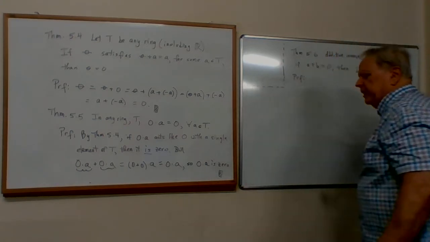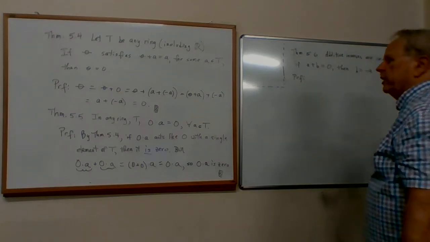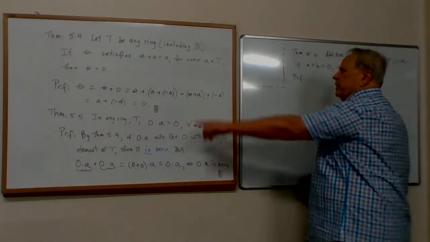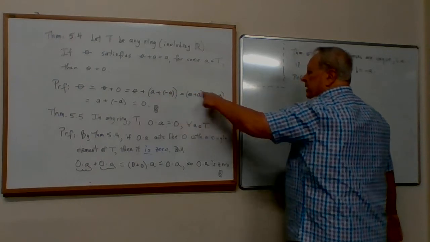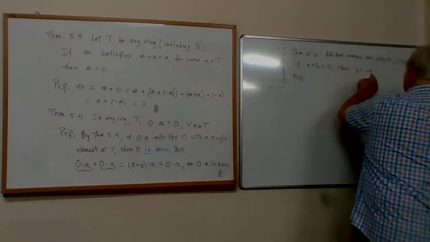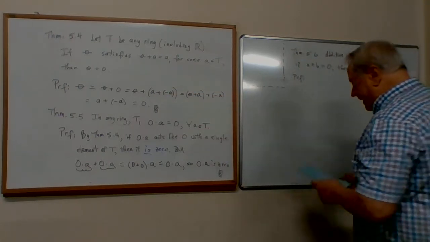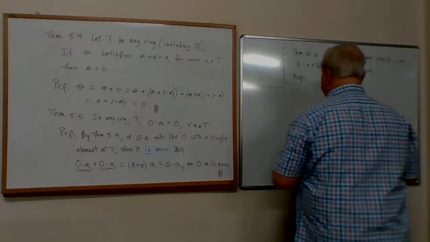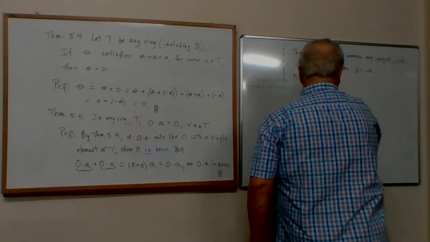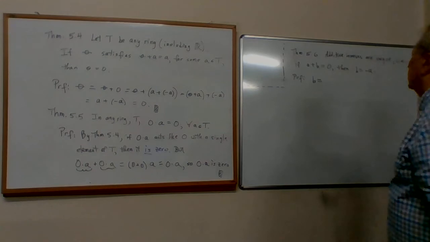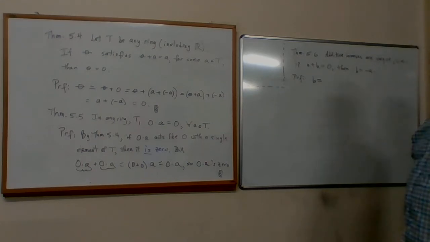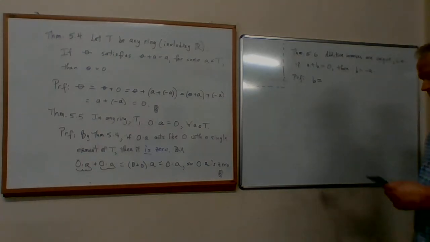Now, if you're thinking ahead, you probably already know what I want to do. I want to start with one of these things on the far left-hand side, and at the end, get the other thing. So let's start with B. Is it true that B is equal to 0 plus B?